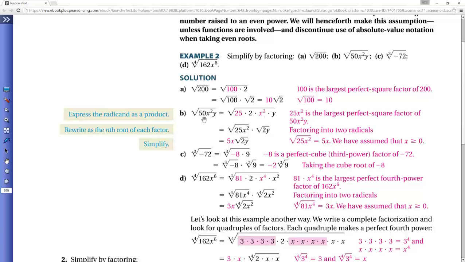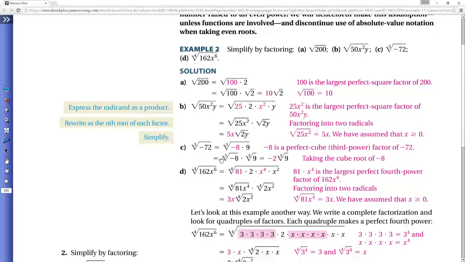We have 25 as a perfect square, x squared is a perfect square, and we still have then 2 times y. So we separate those in a specific way to say, hey, 25x squared is a perfect square. I can take the square root of that to be 5x, and then that's times the square root of 2y. Here we've got a cube root issue.